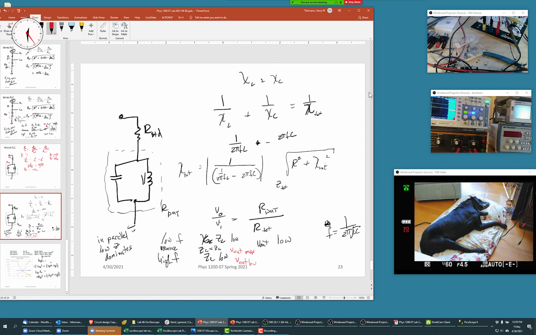I mean, it gets pretty messy. So it's not exactly the same as it was before. But the thing to notice is because it's the inverse of before, it's in parallel. So that means that the lower Z dominates.